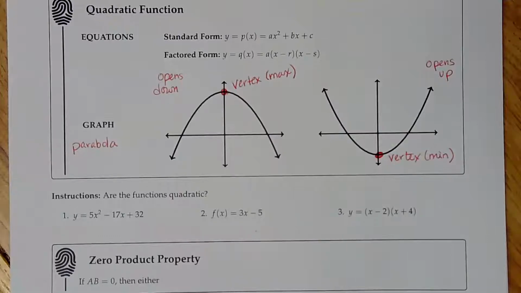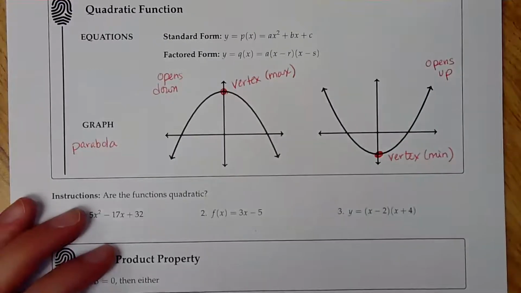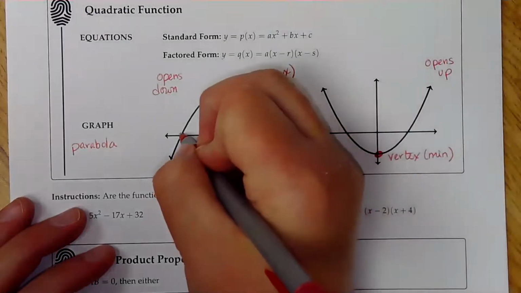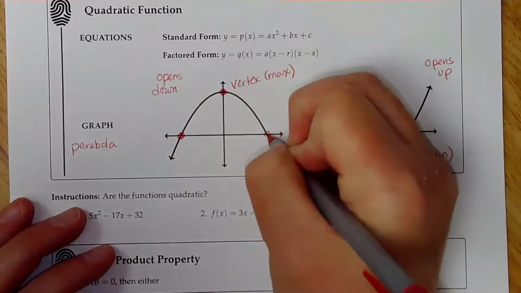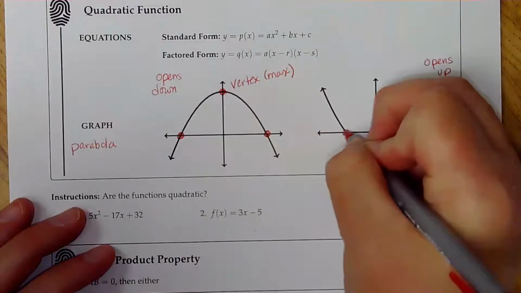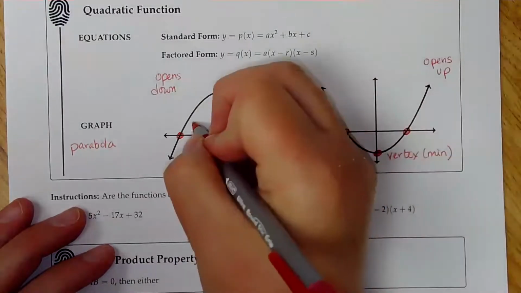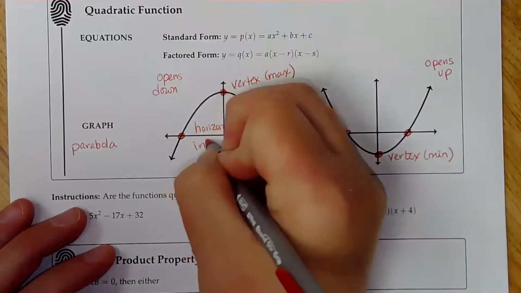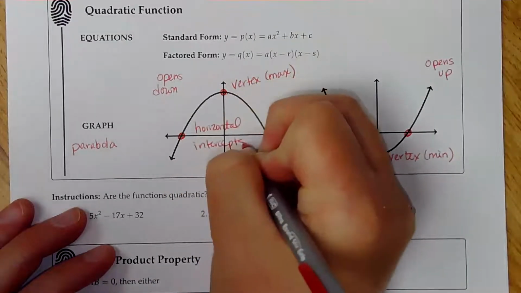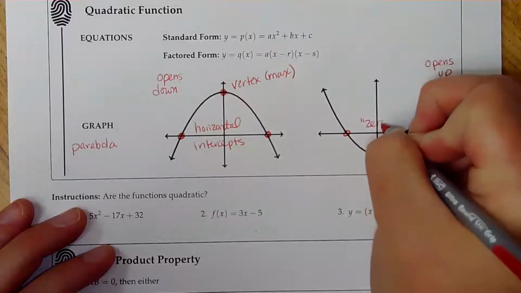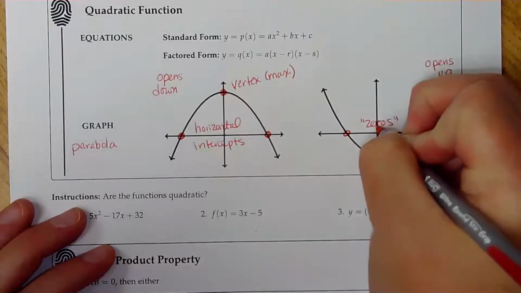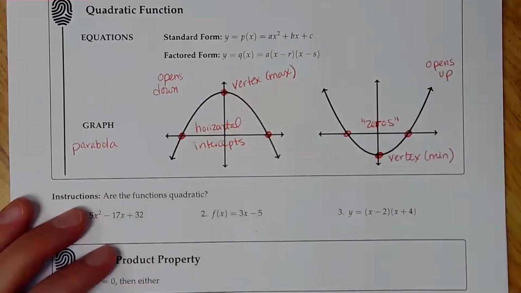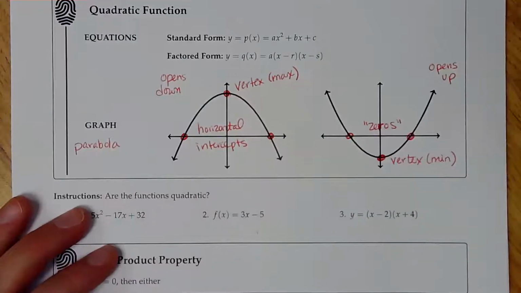So there are practical purposes to maxes and mins. And then where we're crossing this x-axis here, these are our horizontal intercepts, or our x-intercepts. And they're also known as the zeros of your function, and we're going to take a look at those as well just a little bit.